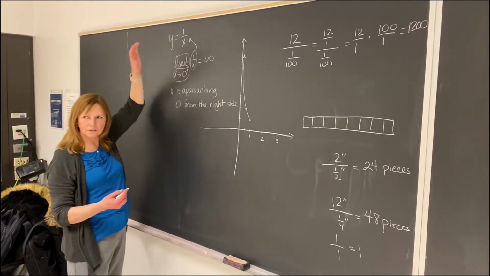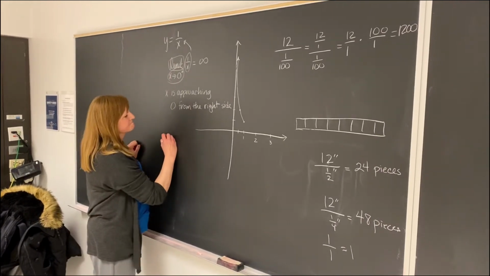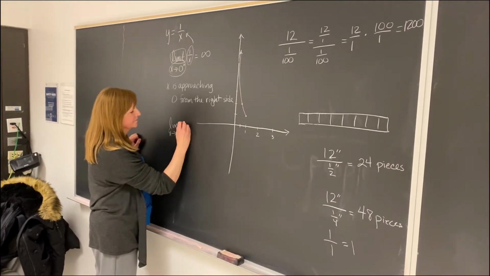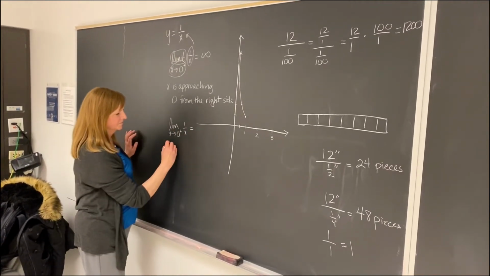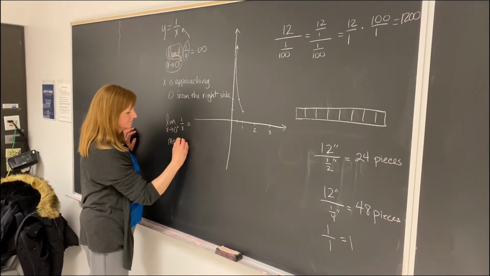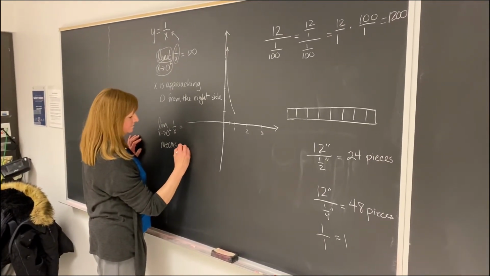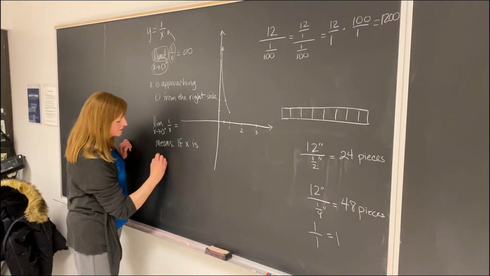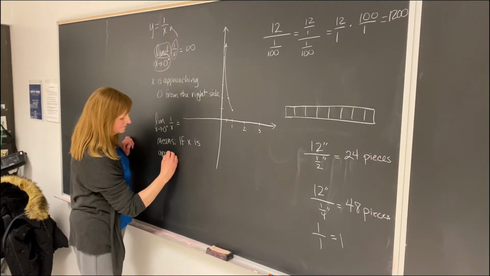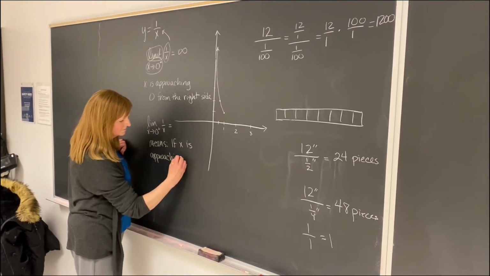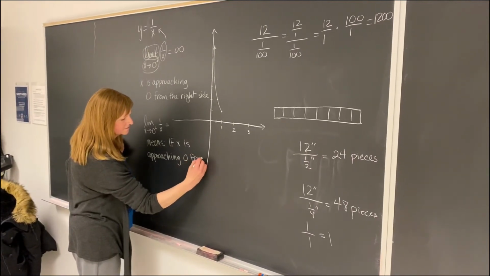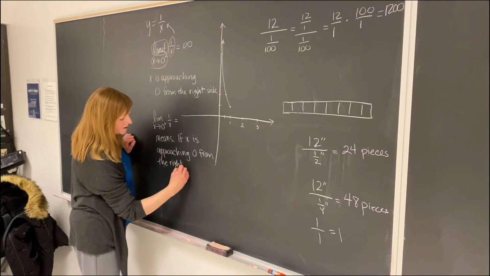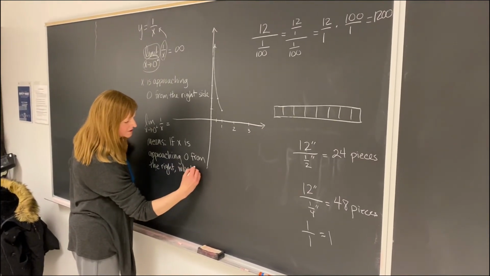Let's write this out in words. If x is approaching 0 from the right, what is y approaching?